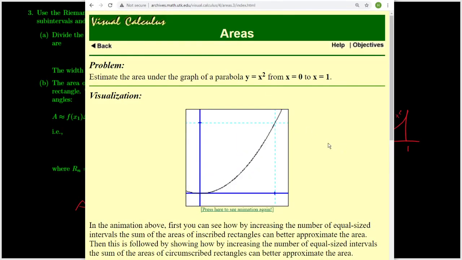Now you have n value of 4, n value of 10, n value of many. When n approaches infinity, the limit of the Riemann sum, which means the limit of the sum of the areas of many rectangles, is going to be the actual area of the curved triangle, which is the area under the graph of the function y equals x squared from 0 to 1.